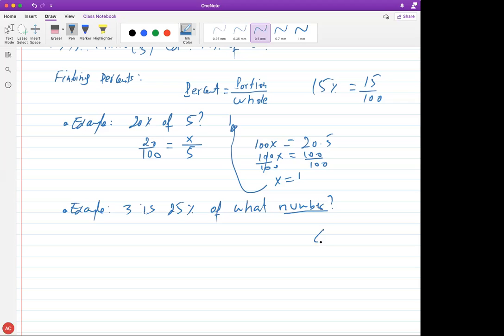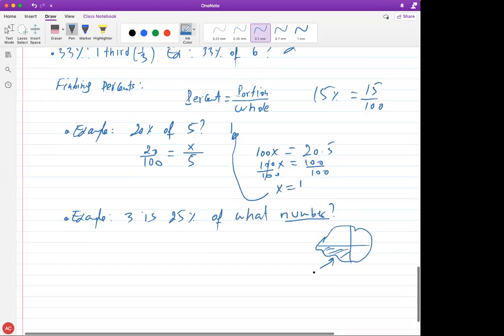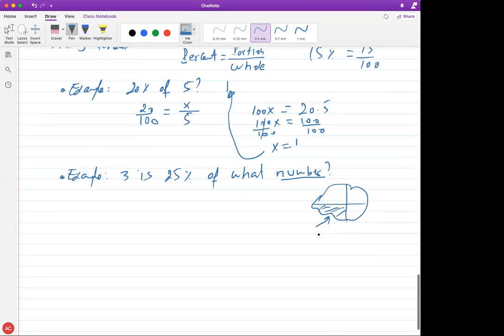So basically, we have a whole number that we don't know. 3 is 25% of it. 25% is a quarter. So 3 is 25% of some whole thing. We don't know that whole thing, but we know that 25% of it equals 3. That's what the problem says.